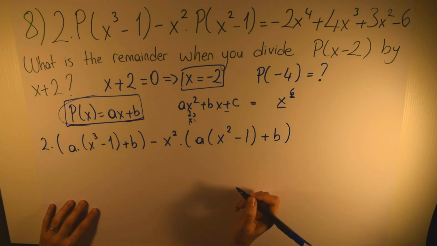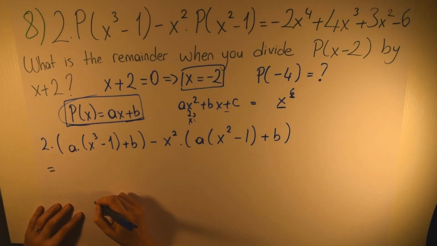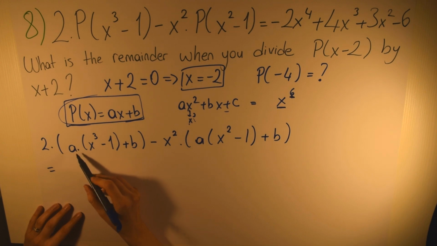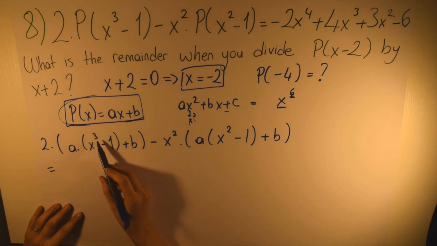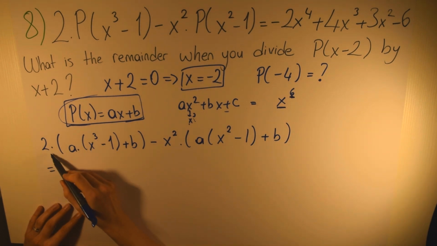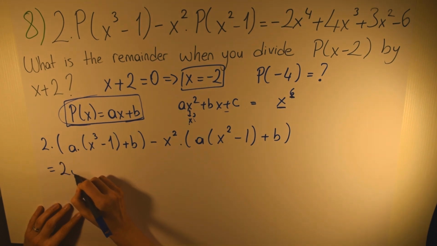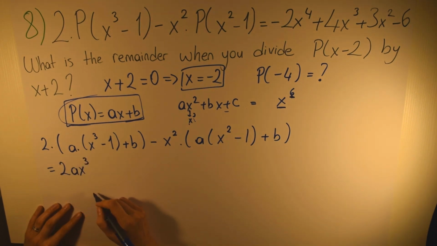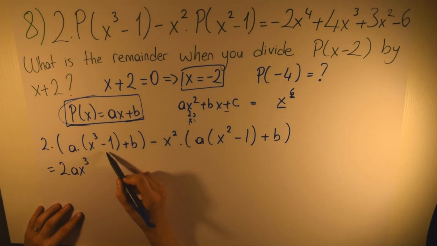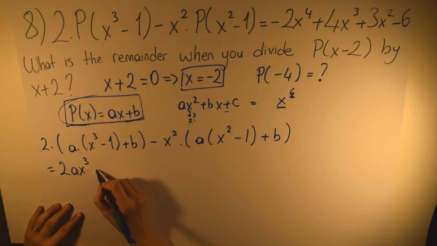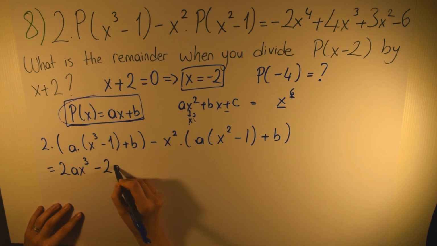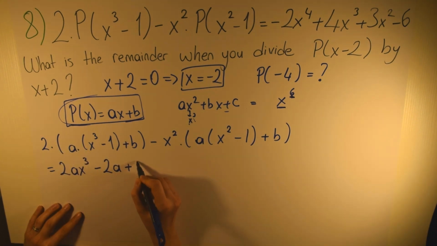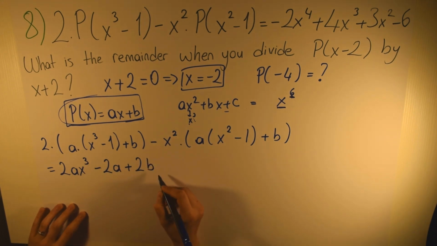Then let's expand. This is going to be a x to the power of 3. When I multiply with this 2, I will get 2a x to the power of 3, and I will have minus a. When I multiply with this, I will get minus 2a, and from here I will get plus 2b.